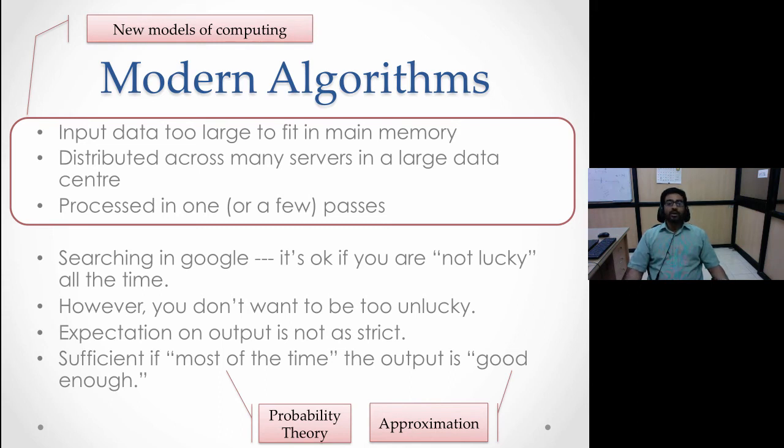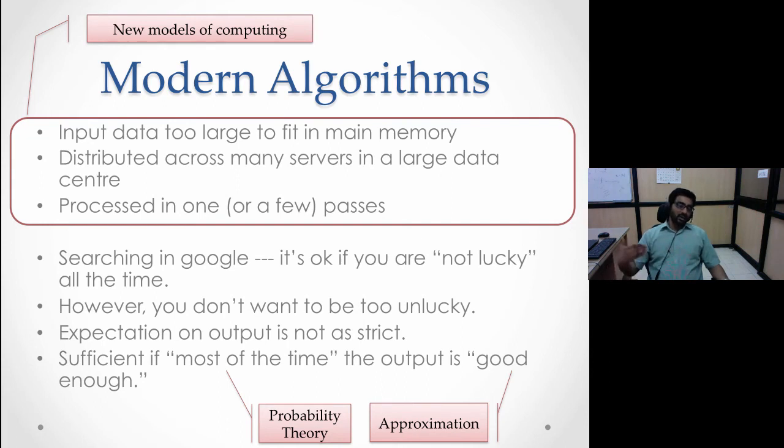So in the search engine context, you want the outcome to be good enough in the sense that the actual website that you're after appears within the top, say, 5 hits. And moreover, it's not like every time you search for something, it's always within the top 5. Let's say 99% of the time you search for something and what you're looking for is within the top 5 or within the first page.